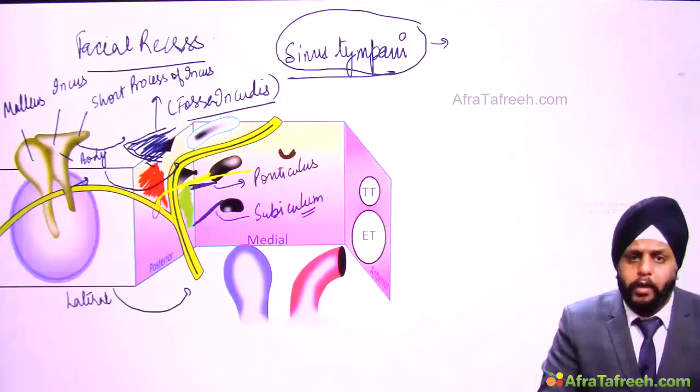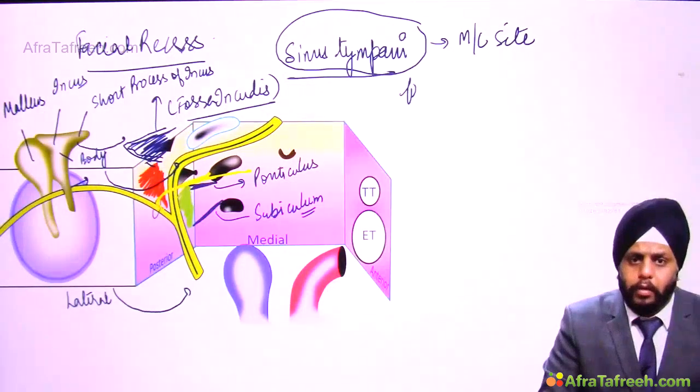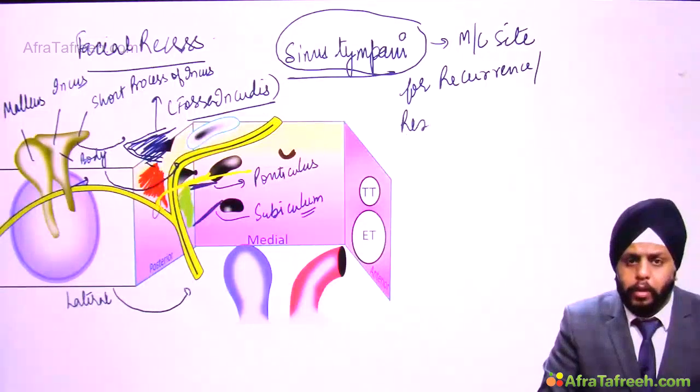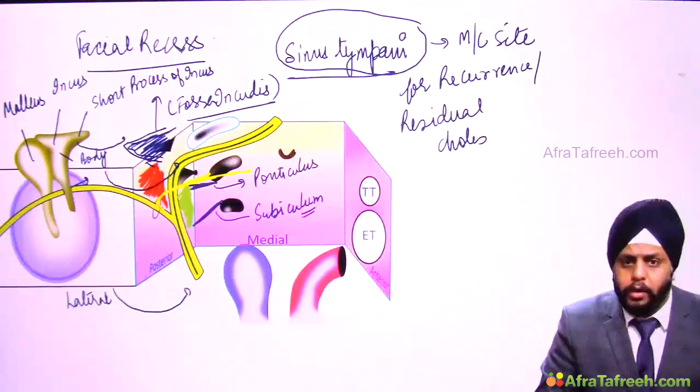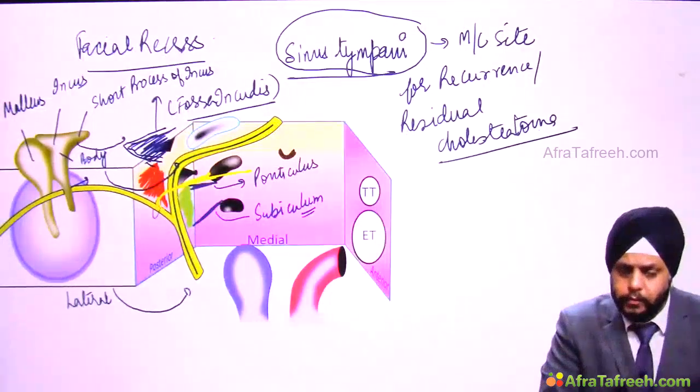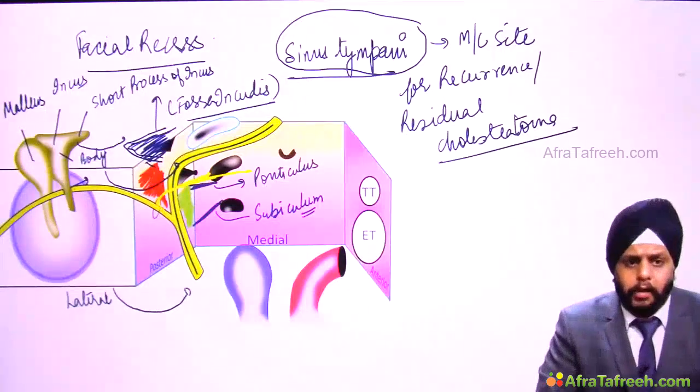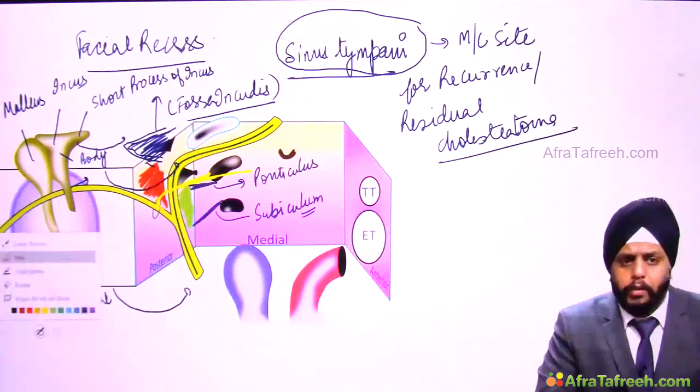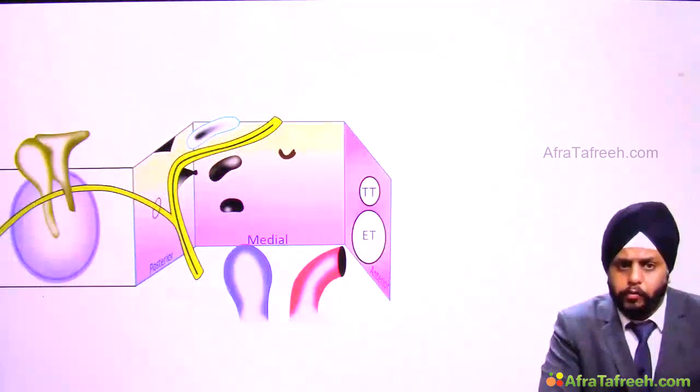So, what will happen? This is the most common site for recurrent or residual cholesteatoma. You are not able to see, so you are not able to clear. So, the sinus tympani is the most common site for recurrent or residual cholesteatoma.